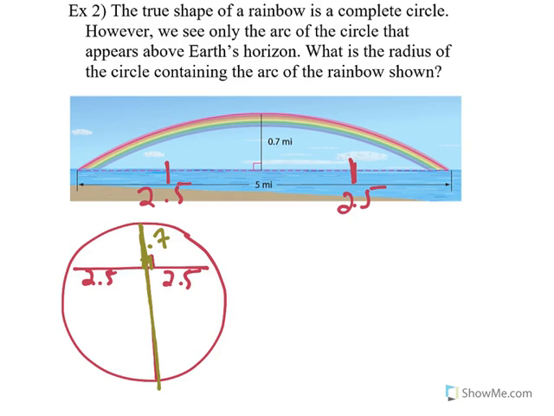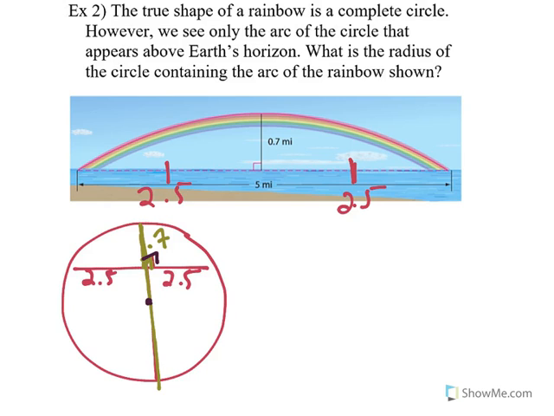And if it's perpendicular at this point, if we think back to one of our last theorems in the last section, if we have a perpendicular here, it has to be part of the diameter. So I know that my piece in green is part of the diameter. If I can find the diameter, then I can divide it by 2 and find the radius. So that is my goal.